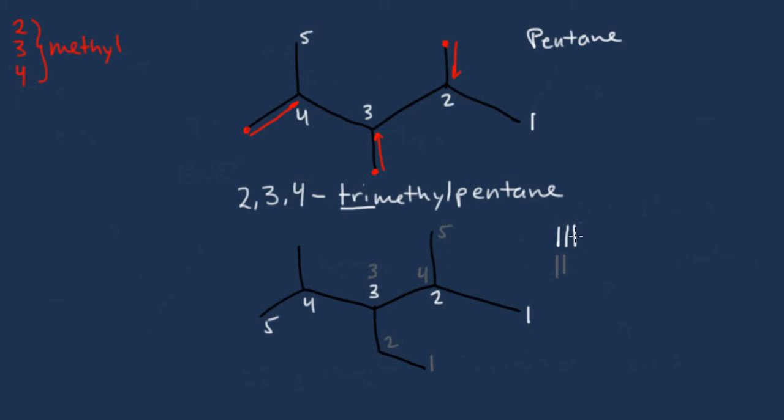And so we see that the white numbering has more substituted groups than the gray does. So we're going to go ahead and call our numbering the one that has the white numbers. And so that will be our parent chain.